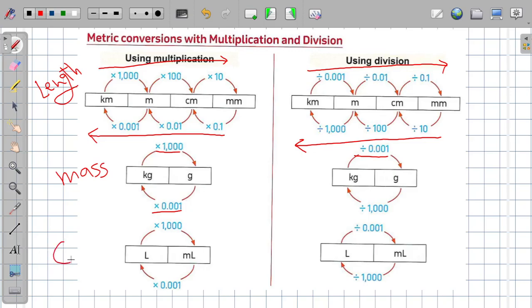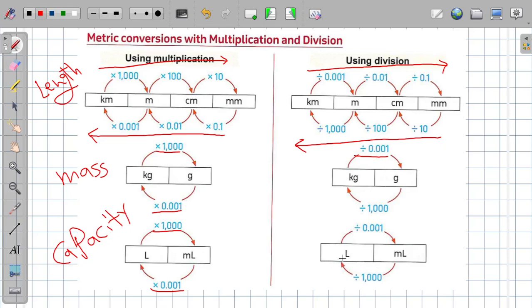Here in the units of capacity, liters and milliliters, from liter to milliliter, we will multiply by 1000. And from milliliter to liter, we will multiply by 1000th.